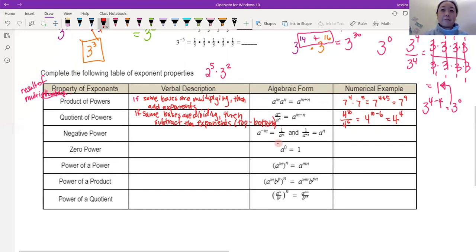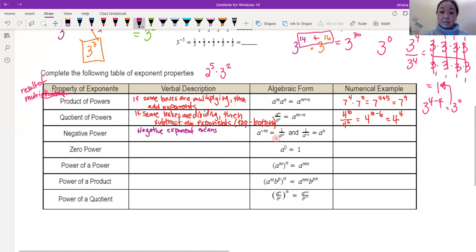All right, and then the negative power, we've talked about this. A negative exponent means that the base is on the opposite side.